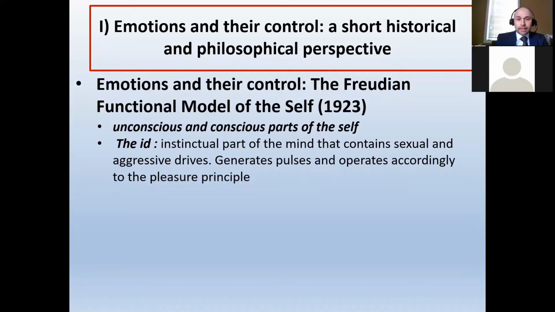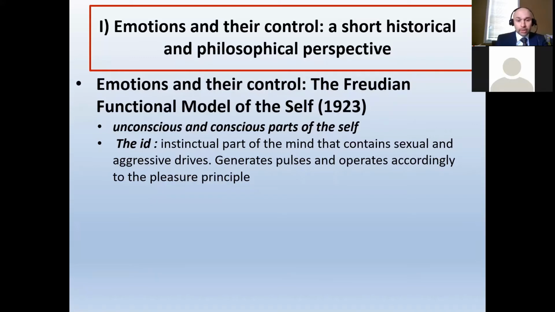The id is like an instinctual part of the mind that contains essentially libido or sexual and aggressive drives. And this will generate impulses and push us to do things that will optimize our pleasure.